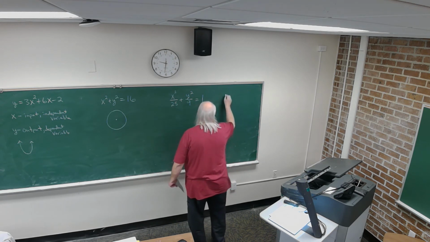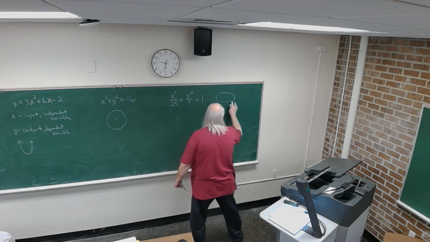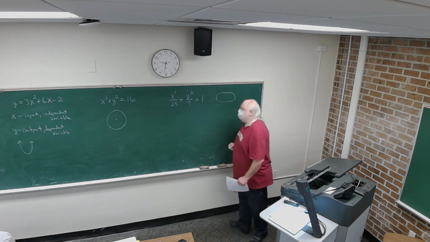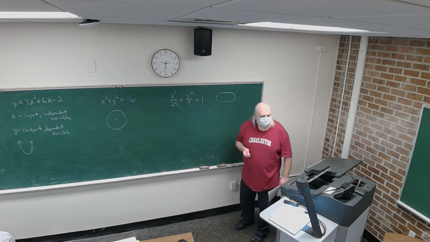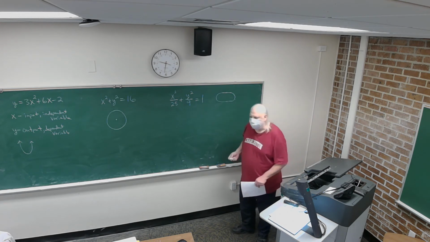Now I'll try to draw this as best as I can by freehand. It's not very good. We can do better than that. Does anybody know what that's called? It's not an oval for a racetrack. Right? It's called an ellipse.